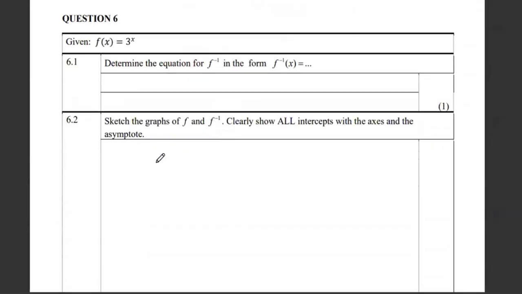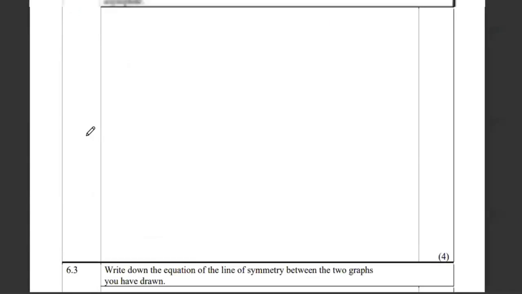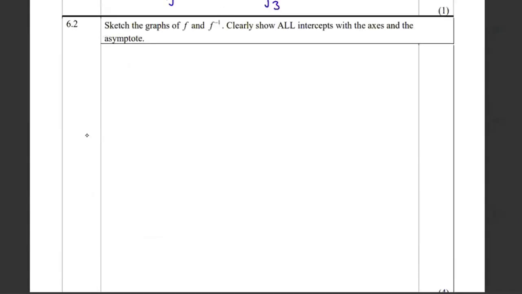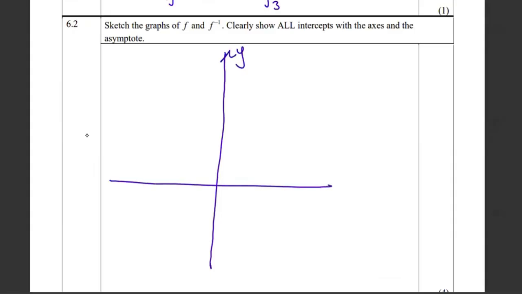Question 6, we have f of x is 3 to the x. They want us to get the inverse, okay, in this form. So the inverse is basically the log x base 3. Then they want us to sketch both graphs, the f and its inverse. Okay, let's see. If this is your y, this is your x.